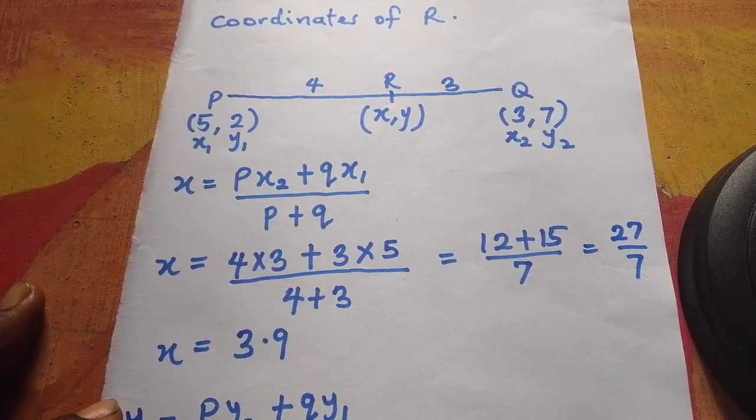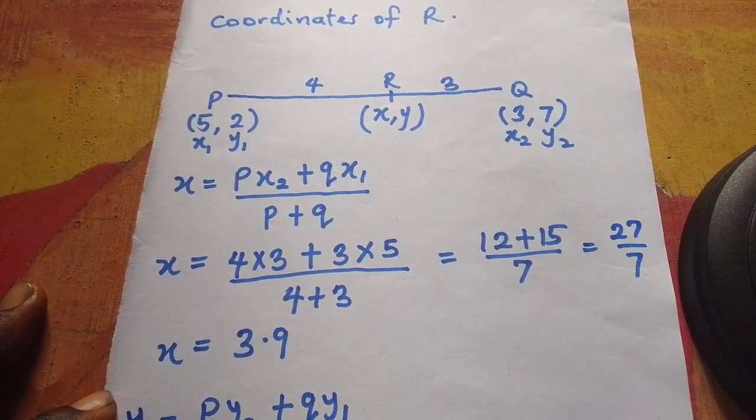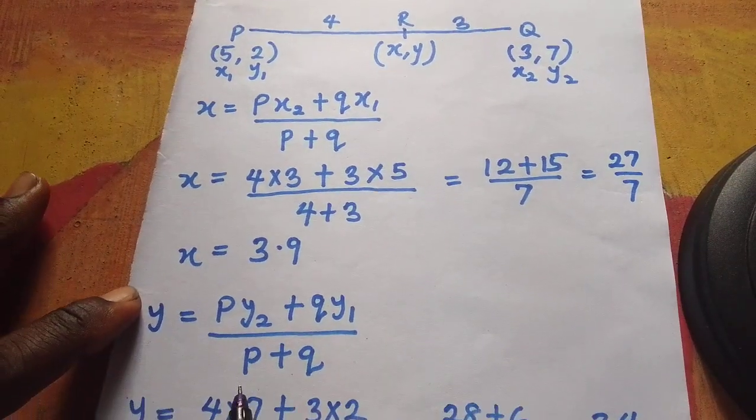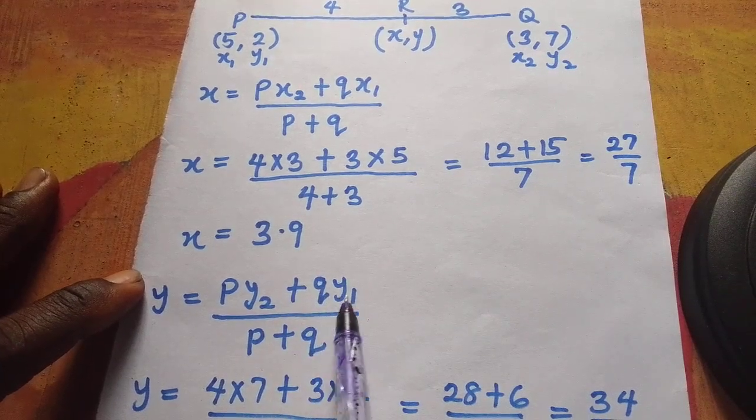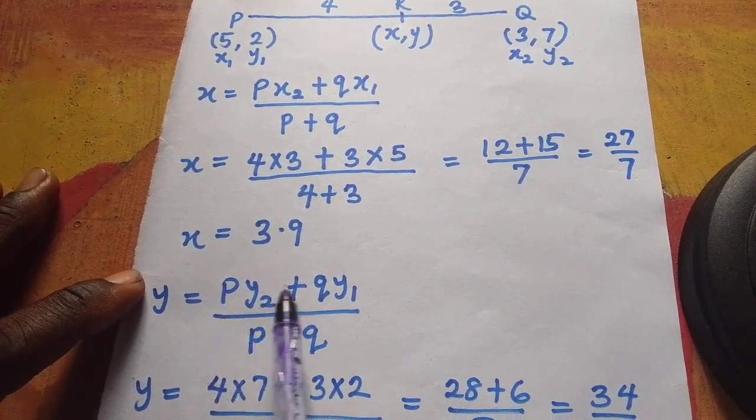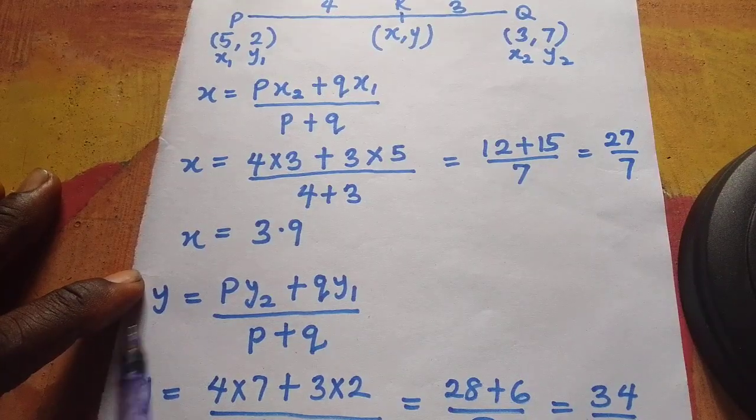Now we want to get the corresponding value for y. You use the same formula: P y2 plus Q y1 over P plus Q, where P and Q stand for the ratio.